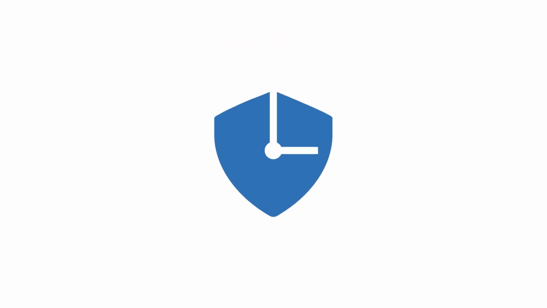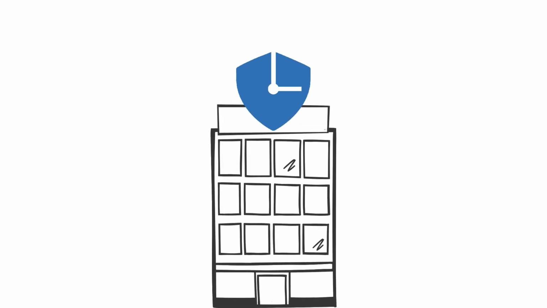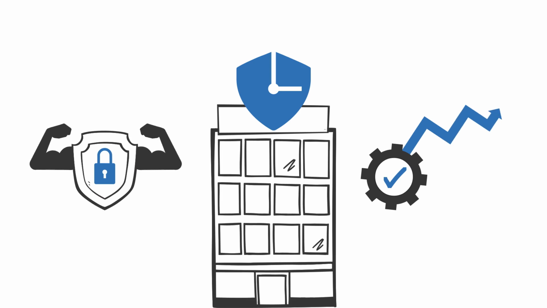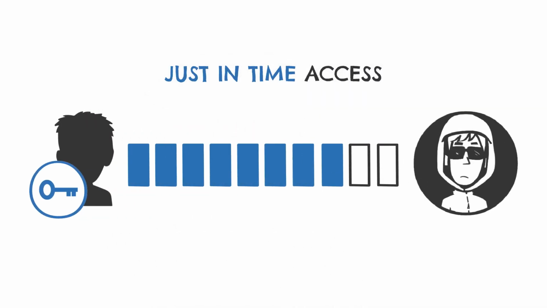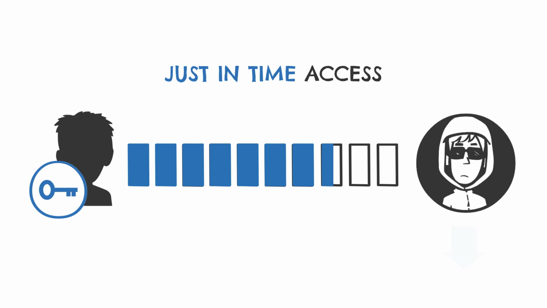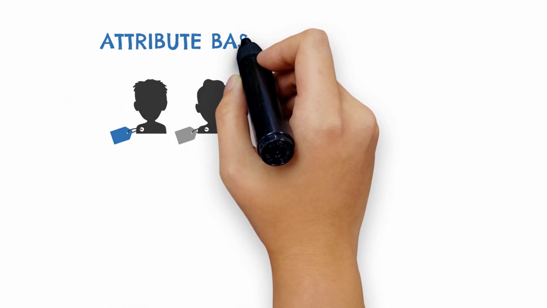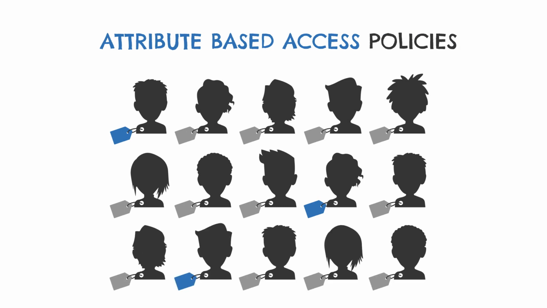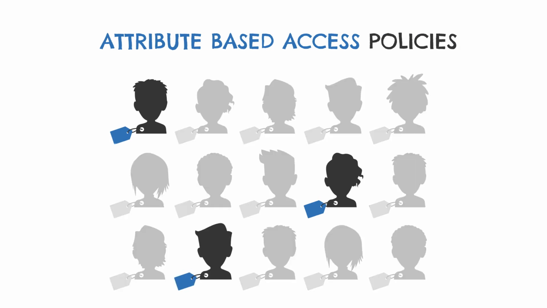As you can see, DPA provides you with a range of benefits that can help your organization to strengthen security and improve operational efficiencies. Privileged access granted just in time significantly reduces the risk caused by standing access to your organizational environments. Attribute-based policies make it easy to define who can access organizational assets based on departmental and functional needs.